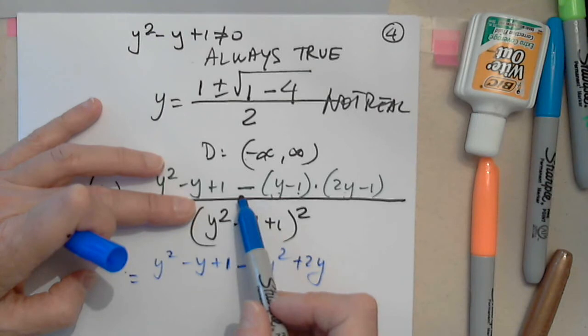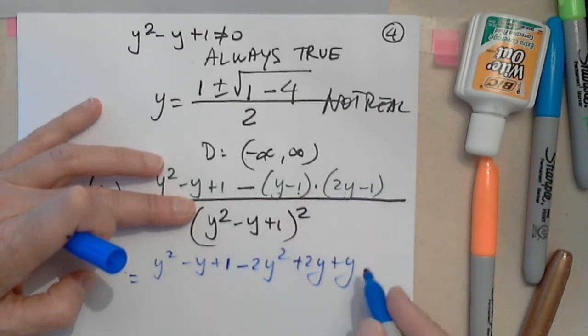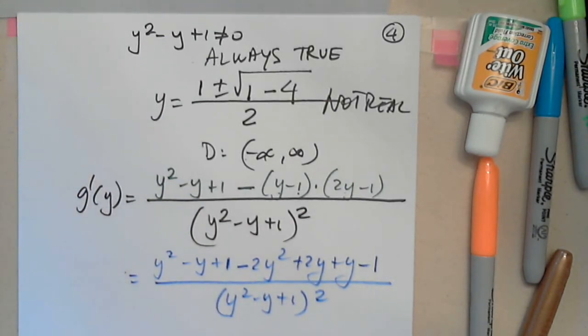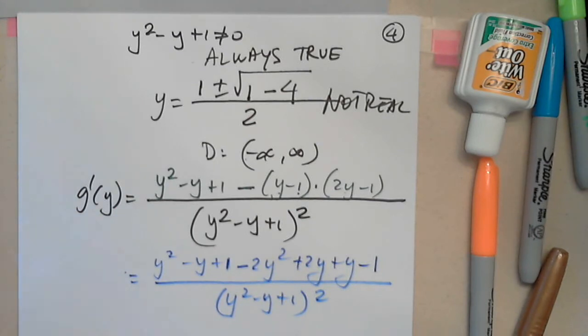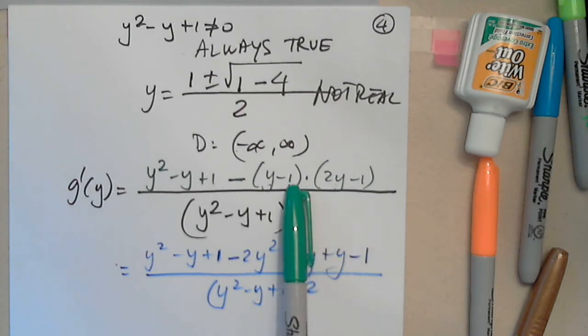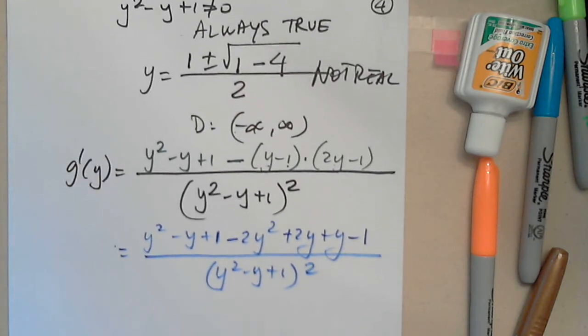Negative 1 times y with minus in front. Negative 1 times negative 1 is 1 with minus in front. Okay, I'm checking my work. Yes, that's minus, it's plus, that's minus, it's plus, and that's 3 negatives. Okay, let's see if we can simplify anything.